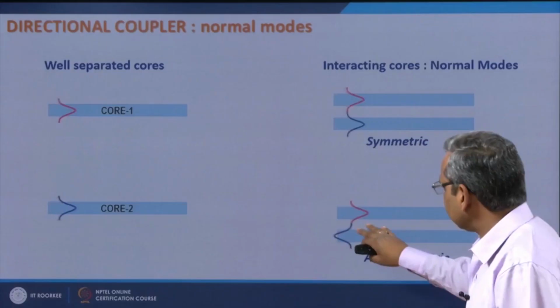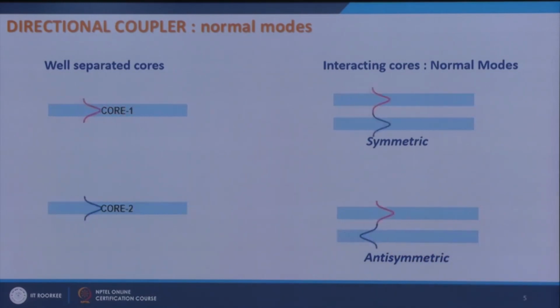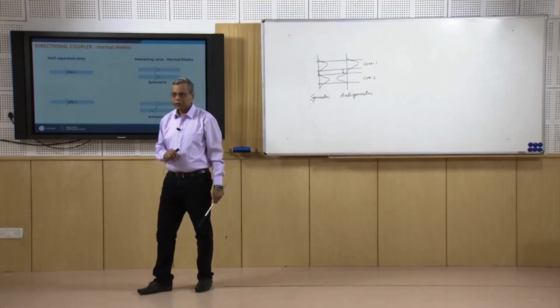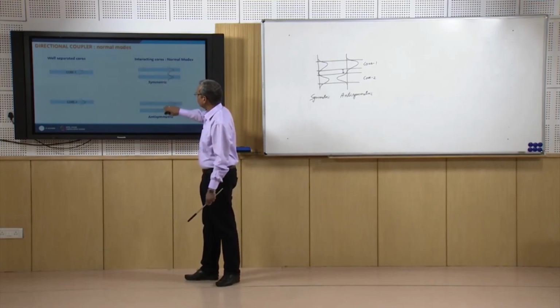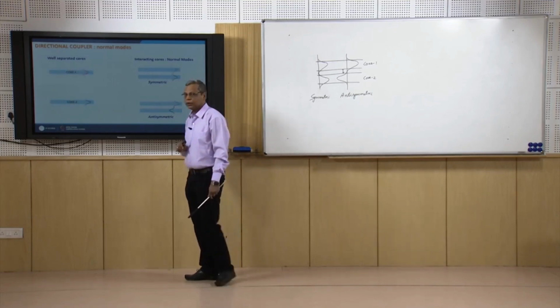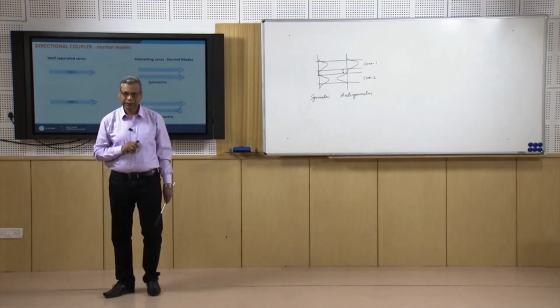Similarly, this distribution will also propagate without any change in its shape. So, now the modes of the composite system are this, and these are known as normal modes of the system or super modes of the system.